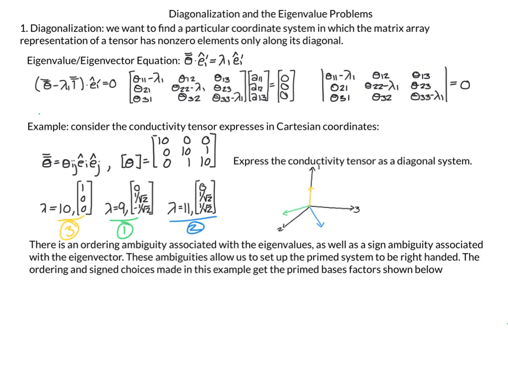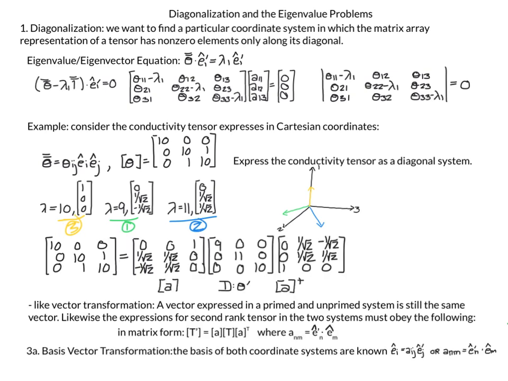That means our conductivity tensor here, our 10, 0, 0, 0, 10, 1, I'm reading the columns, 0, 1, 10, should equal our diagonal matrix, which is going to have 9 as our first eigenvalue, 11 as our second, and 10 as our third.